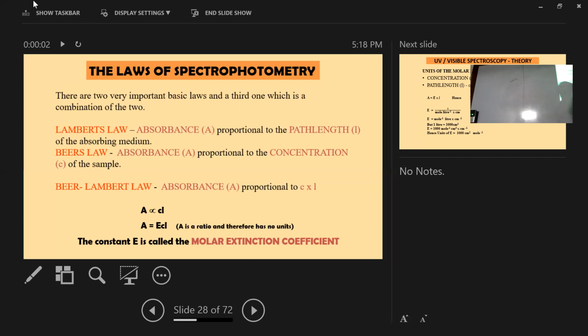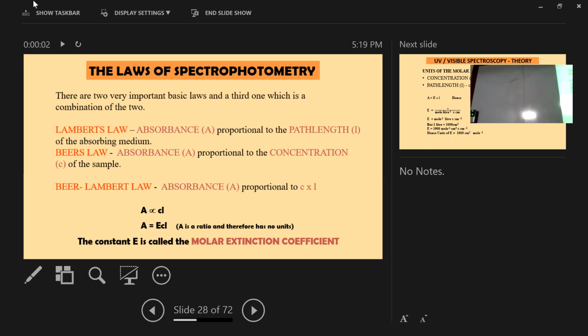So if the path length is there, the absorbance is directly proportional to the concentration, and here we consider that L is fixed. And if we consider that the concentration is fixed, then absorbance is proportional to the cell length, that means C fixed.